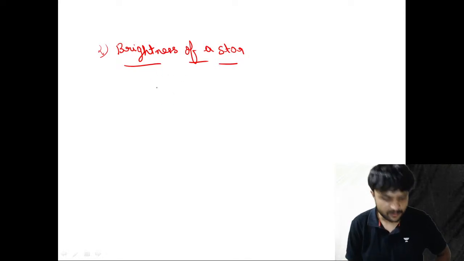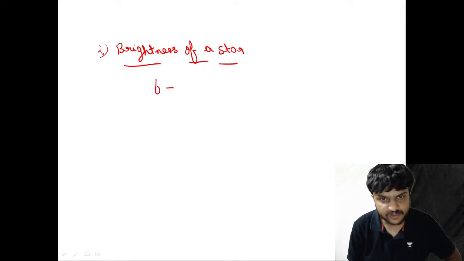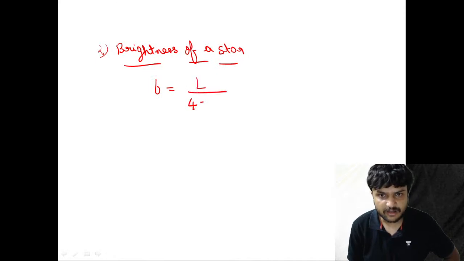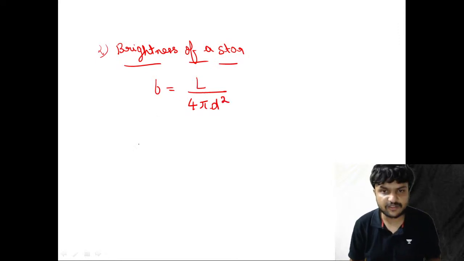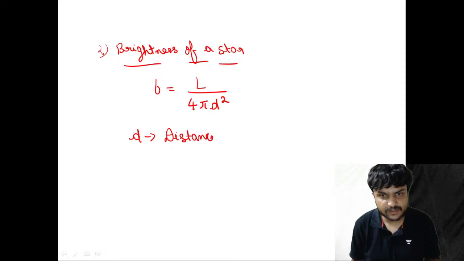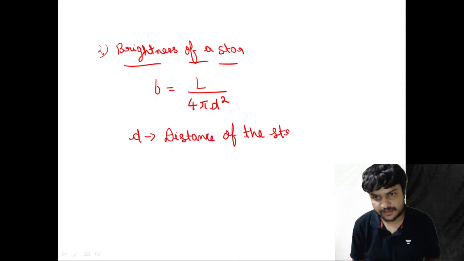When we talk, we talk about two things. So in order to find the apparent brightness of a star, we just say brightness is equal to the ratio of luminosity by area. Area we know 4 pi d squared. What is d here? D is the distance of the star from the observer.